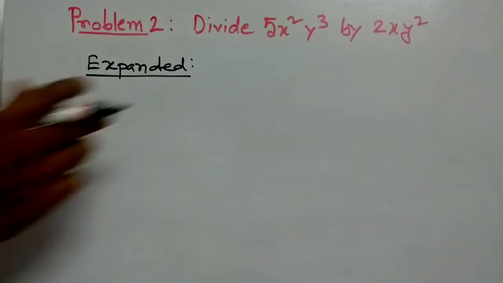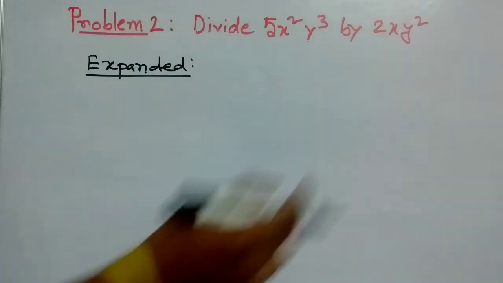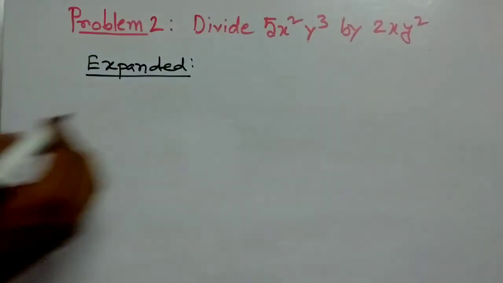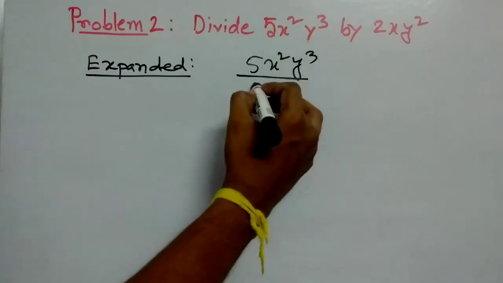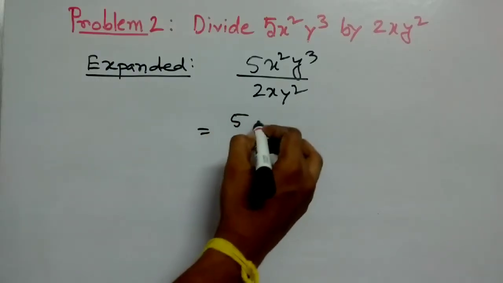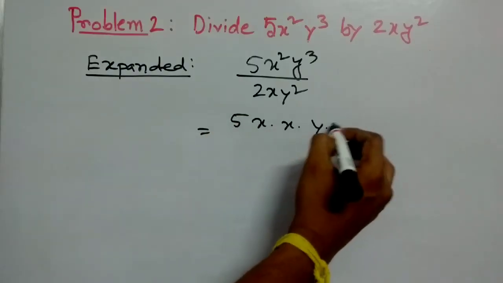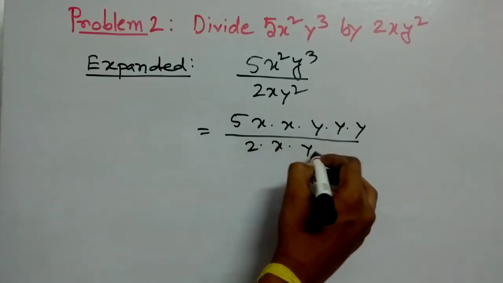The question is divide 5x square y cube by 2xy square. So let us write it in this way: 5x square y cube divided by 2xy square. Now this is 5 into x into x, y into y into y, divided by 2 into x, y into y.